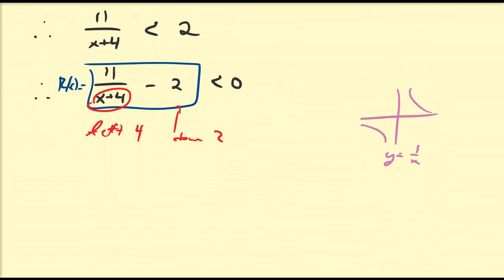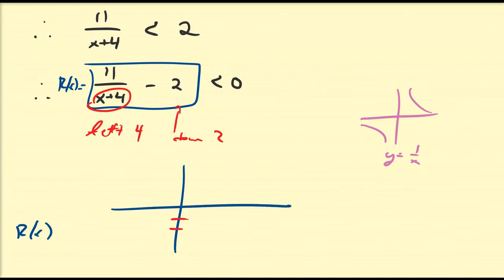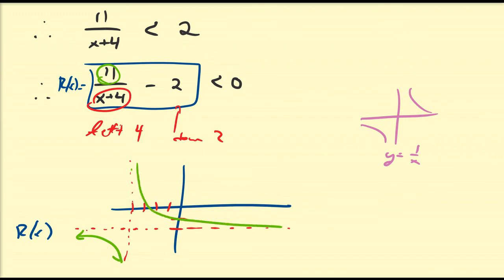If I graph this function r of x, I'm shifting down 2, so 1, 2, and shifting to the left 4, so 1, 2, 3, 4. The coefficient is positive, so therefore we're in quadrants 1 and 3.